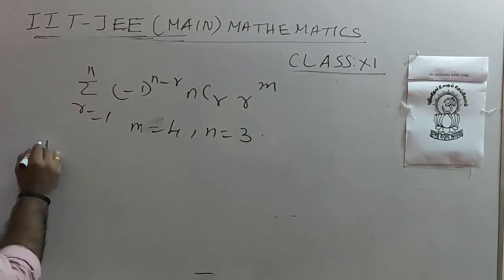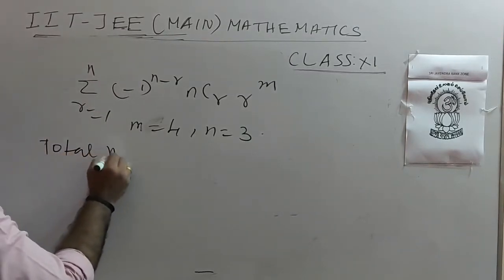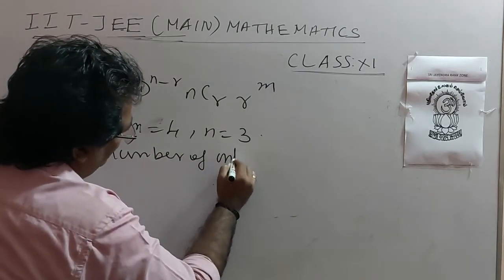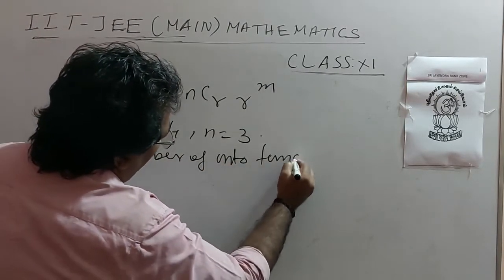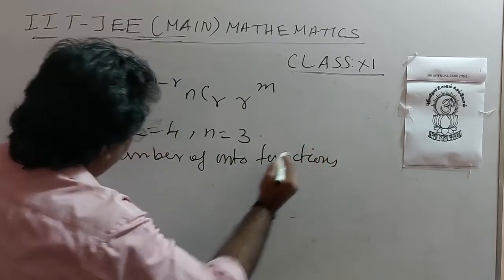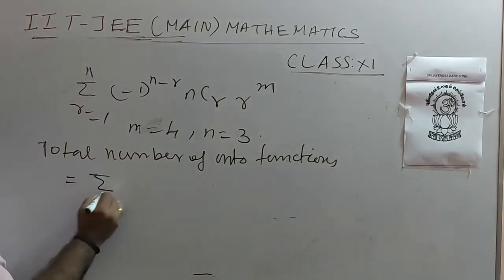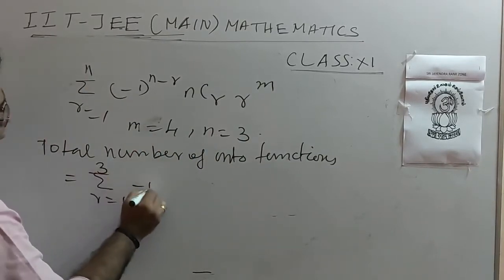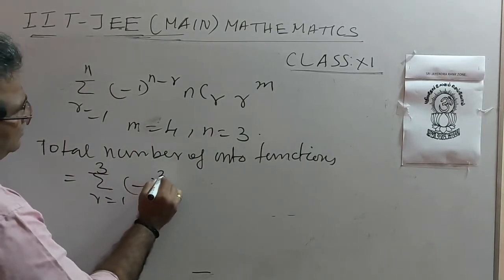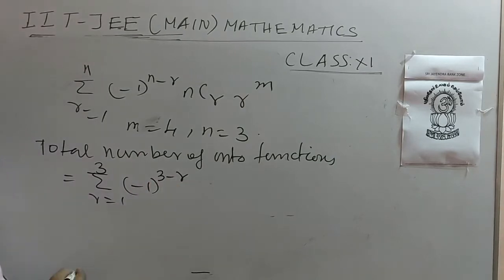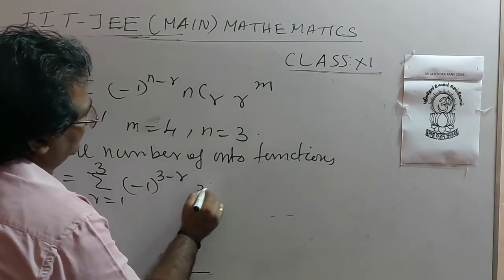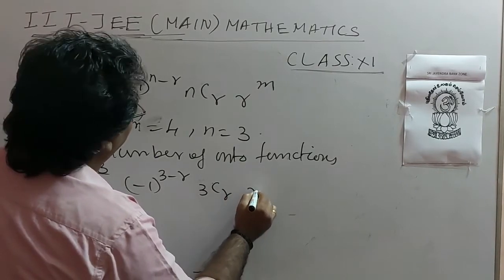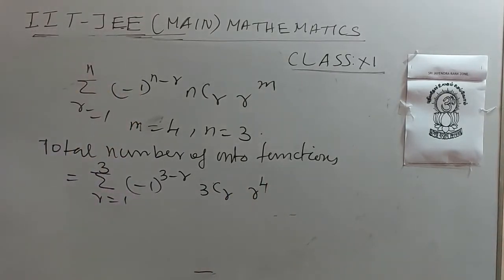The total number of onto functions equals summation r equal to 1 to 3, (minus 1) whole power 3 minus r, 3Cr into r power 4.